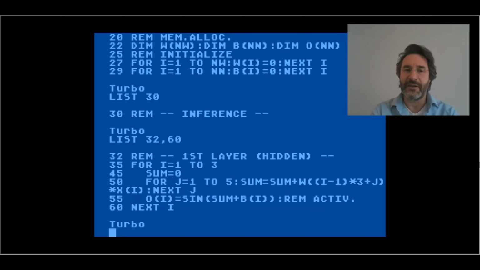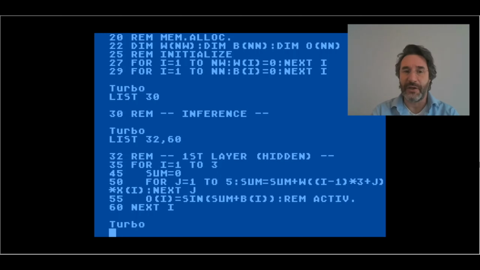In these lines, this part of the program is essentially implementing the first layer, or let's say the first hidden layer of the autoencoder or of the neural network. Since we have 3 neurons in the hidden layer, we will have a main for loop here that starts at line 35 and ends at line 60 that will go from 1 to 3.